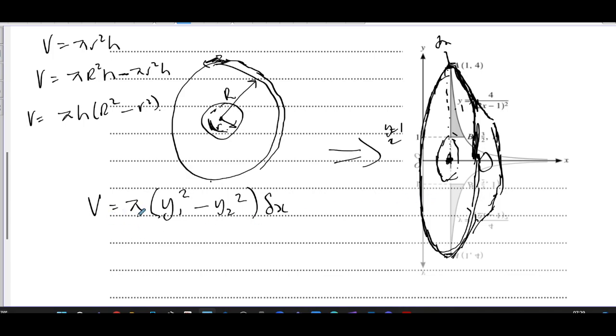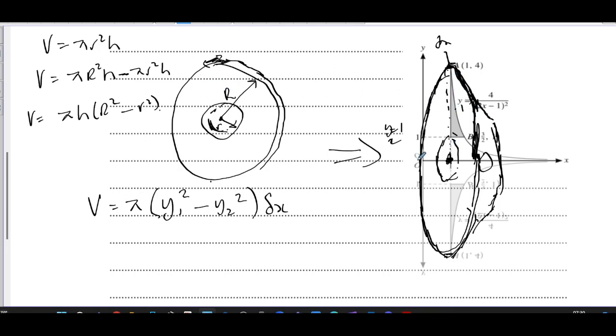So pi times y1 squared minus y2 squared: the y value of the curve that's higher up, minus the y value of the one that's lower down, but you square them first. So y1 squared minus y2 squared with respect to x.